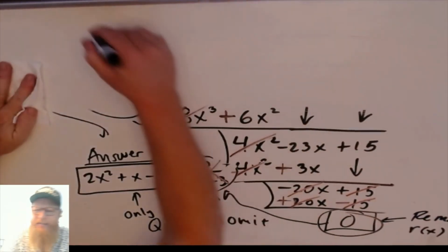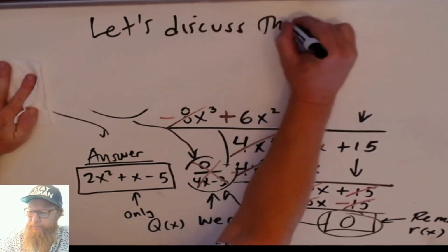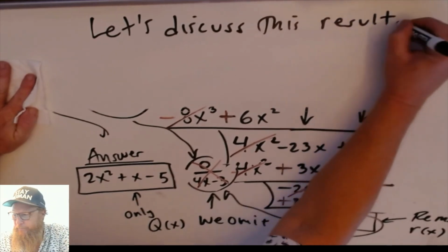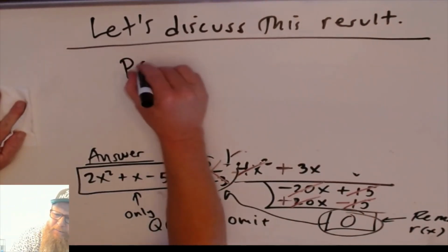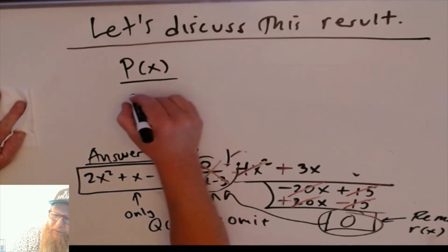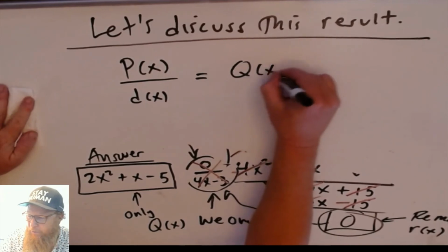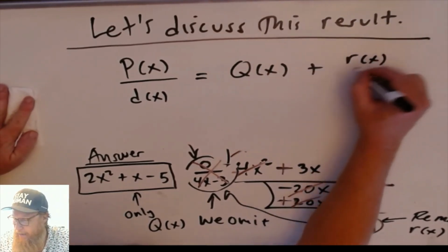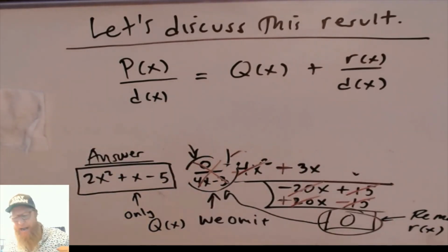So let's discuss our results before I move on. Again, what does this result mean? What it meant was that we had a polynomial divided by a divisor is equal to the quotient plus the remainder divided by the divisor. That's what this answer actually meant, right?